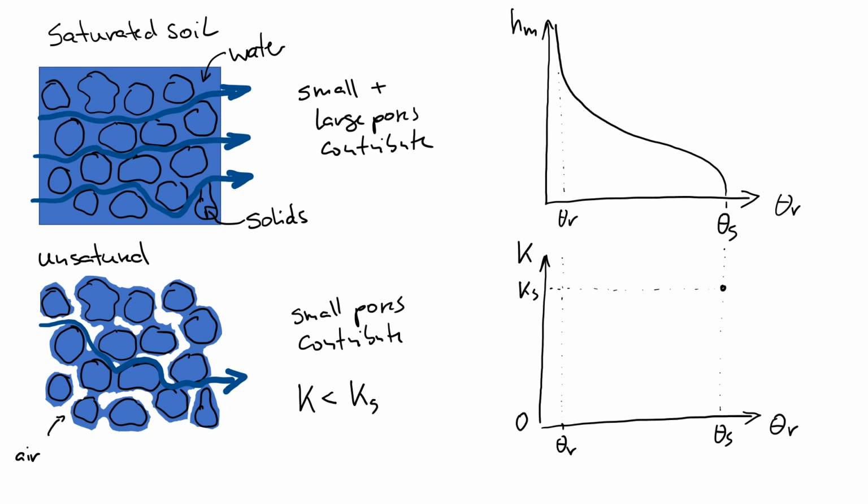Now, the decrease in hydraulic conductivity is not linear because of the Hagen-Poiseuille law and the fourth power of the radius describing the reduction in flow, as well as the increase in tortuosity. So the decrease in hydraulic conductivity most likely will follow a relationship such as this one.